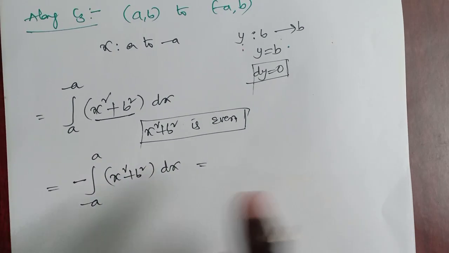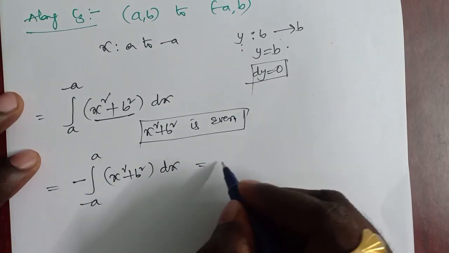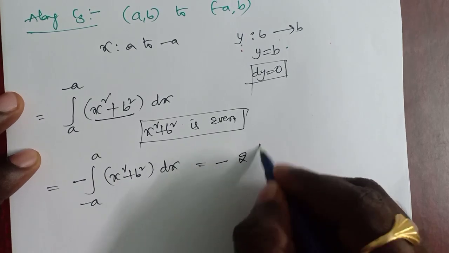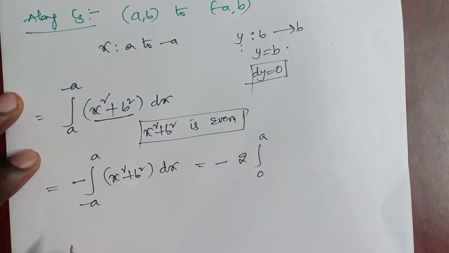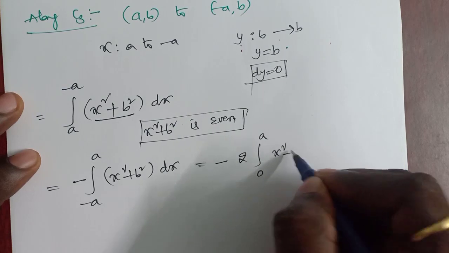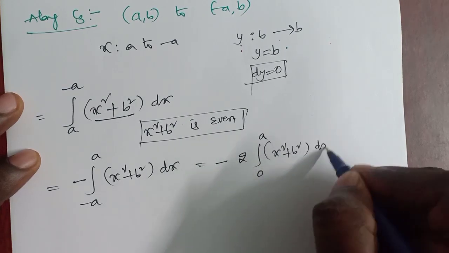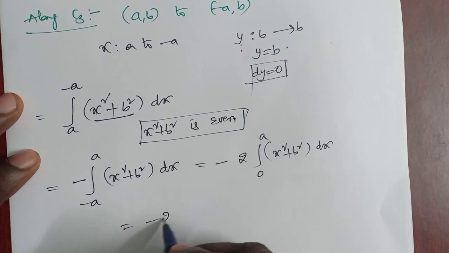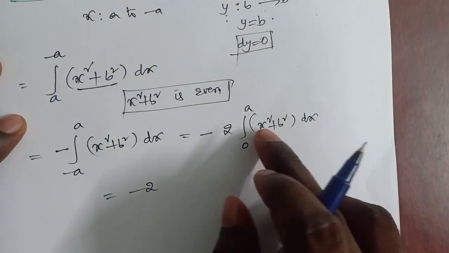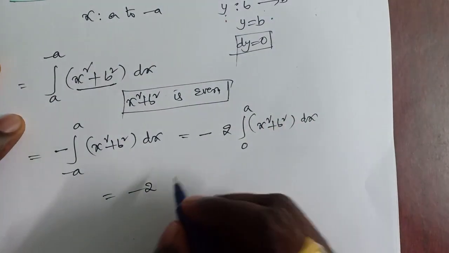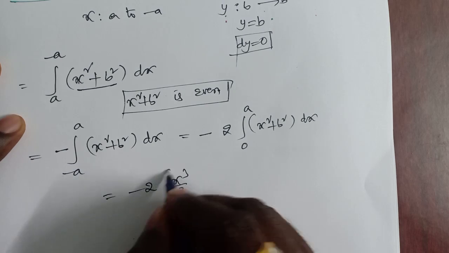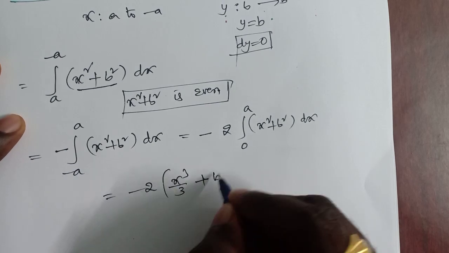Now x square plus b square is an even function, so it is 2 integral of 0 to a x square plus b square into dx, so minus 2 times the integration of x square is what? X cube by 3 plus b square is a constant.